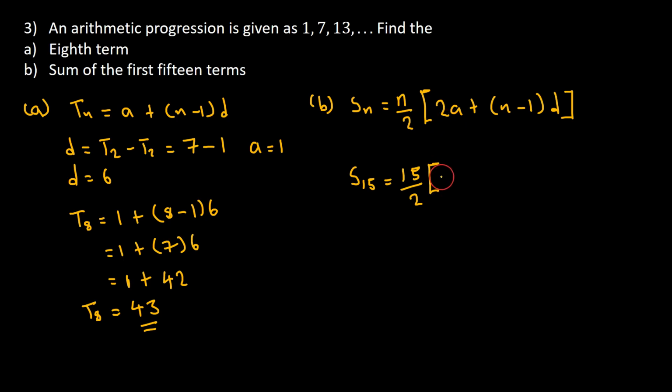Our first term, it is 1, then plus n, it is given by, oh no, it's not 8, we have it as 15, minus 1, and then our common difference, it is 6.